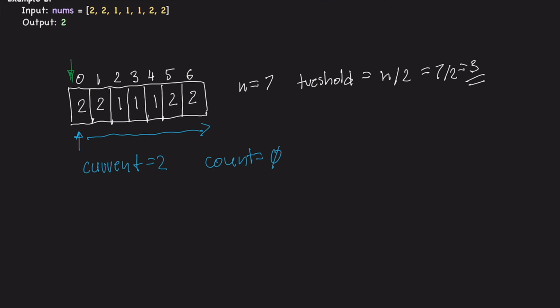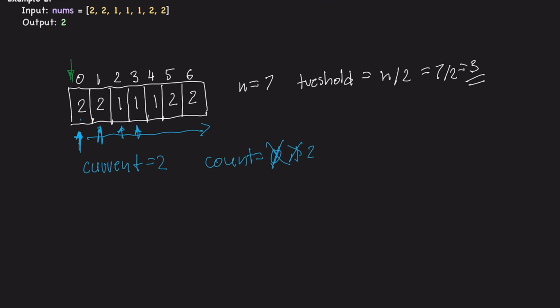And we will start the inner for loop, the blue one, and we will start counting how many times we can see 2 in the entire array. So we will start from 0, there is a 2, so 1. We will move to the right, there is another 2, so our counter is now 2. We will move to the right, it's 1, so the counter is not going to be incremented.